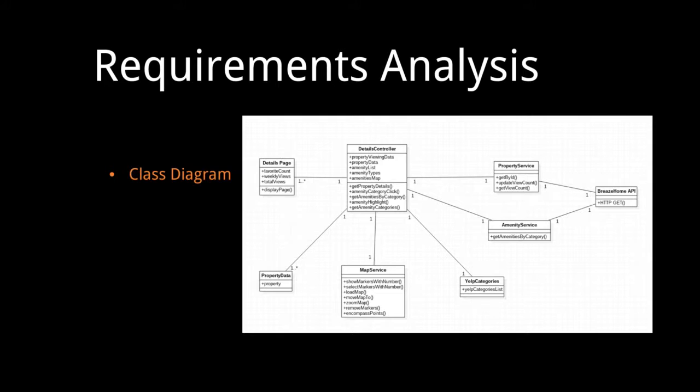One thing I should mention is that when I was going over the BreazeHome API, a lot of the structure and general idea of how to shape that API was based off of work done by students from the BreazeHome 3.0 project who worked on a feature called Spot Find that also used the Yelp API.